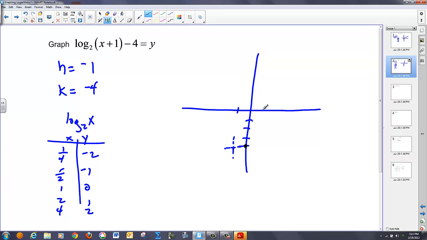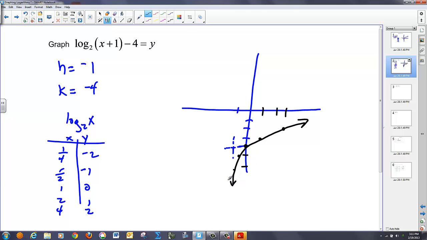Move over 2 and up 1. Move over 4 and up 2. Over a half, down 1, and over a quarter, down 2, and draw my logarithm function in the same way I did before.